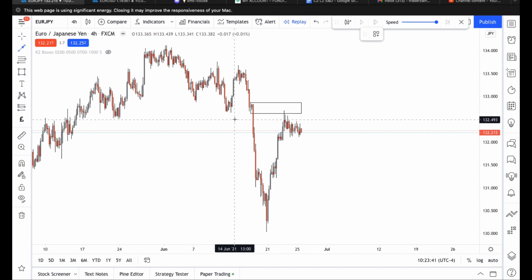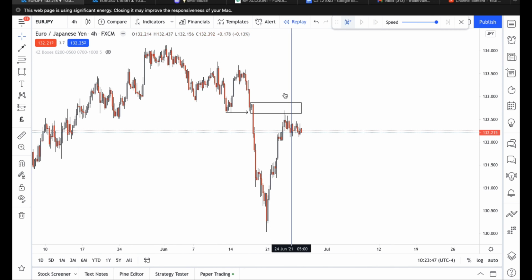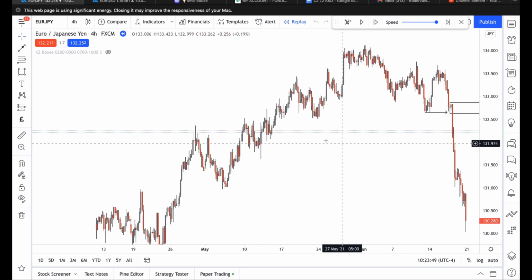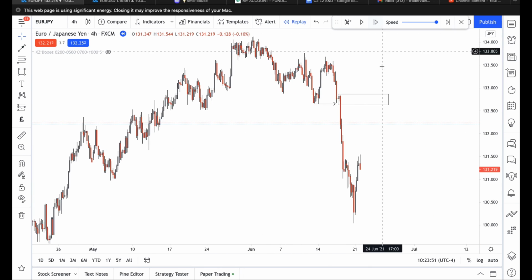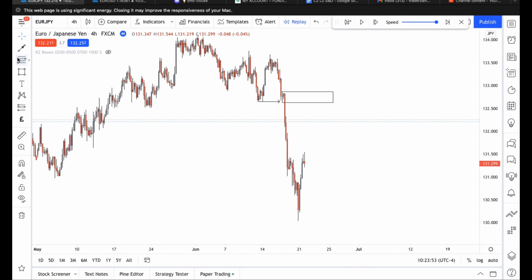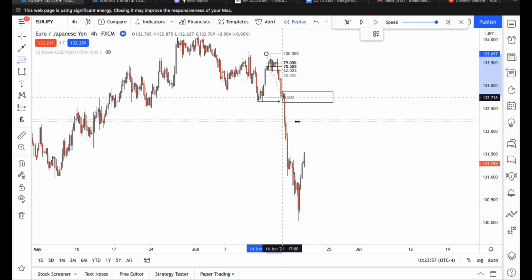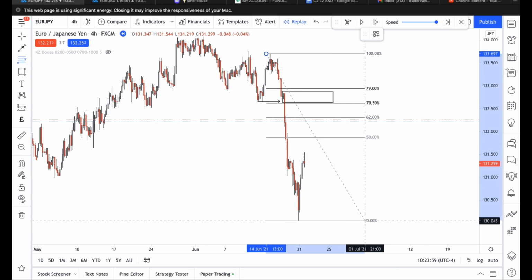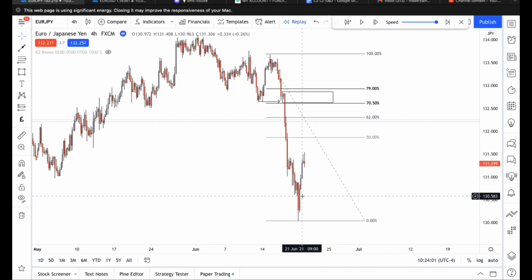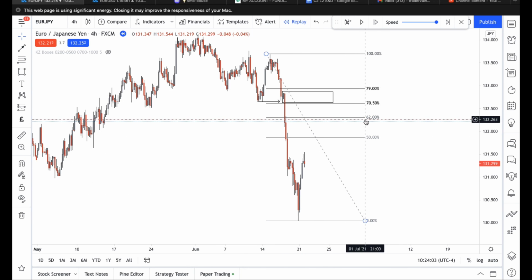So, number one, price broke this structure. Number two, all of this imbalance, right? So let's actually replay price back to this point here. Okay, so number one, once you get that break of structure, you would fib out the swing high to the swing low. Now you look for your discounted levels, the 62, 71.5 and 79 levels.